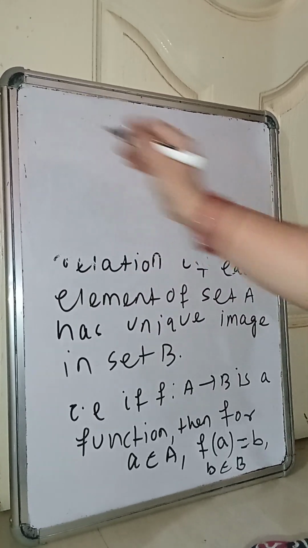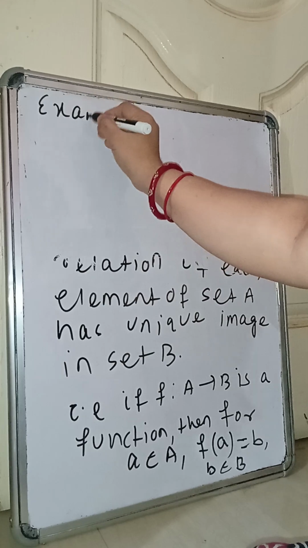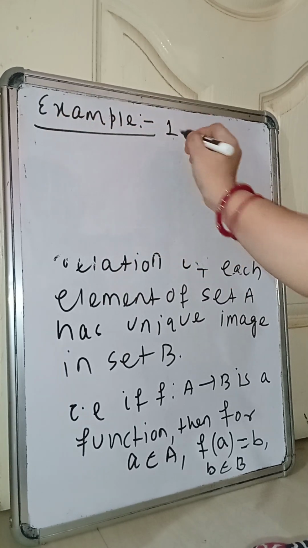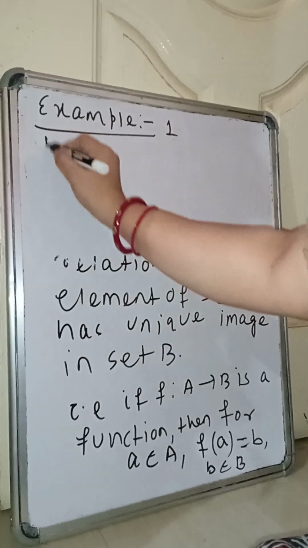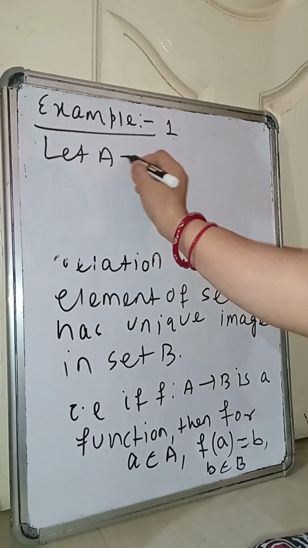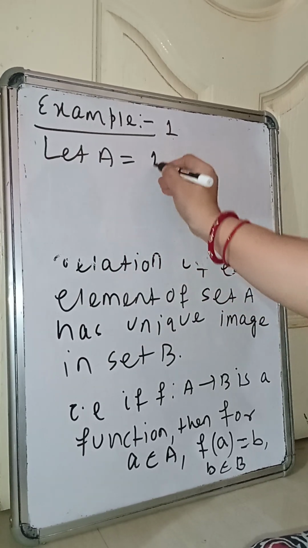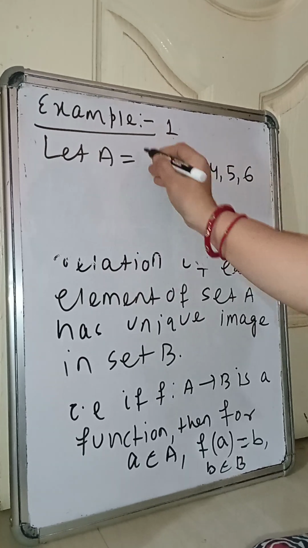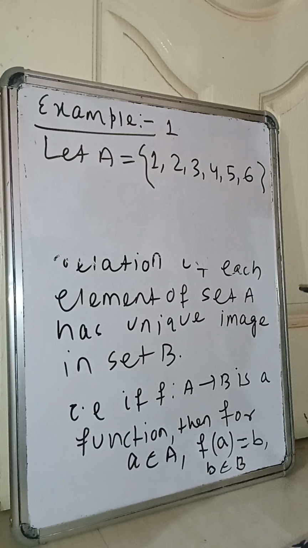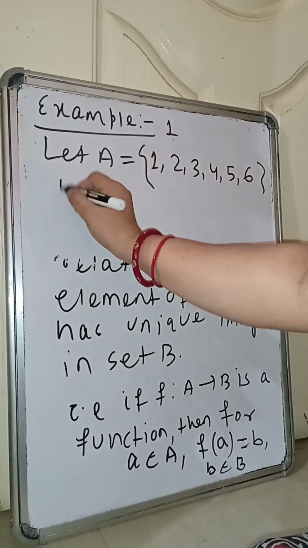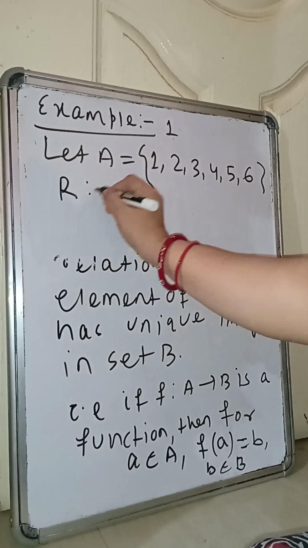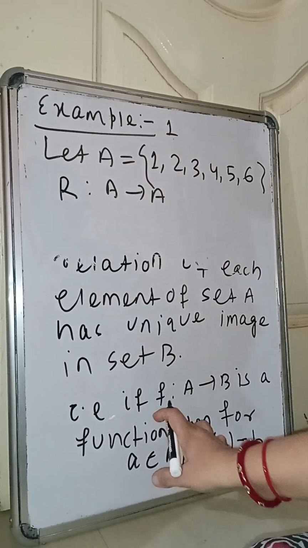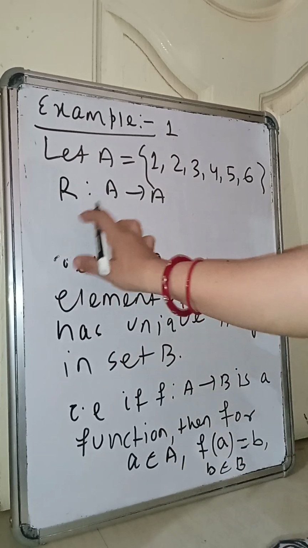Let us consider an example. Today's first example. Let set A contain elements, and a relation R from A to A. R stands for relation, F stands for function.